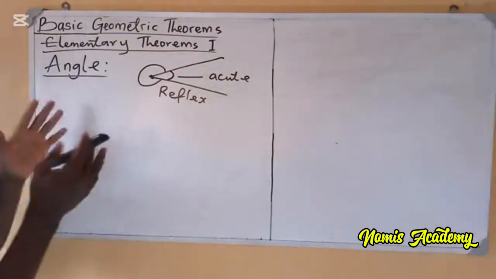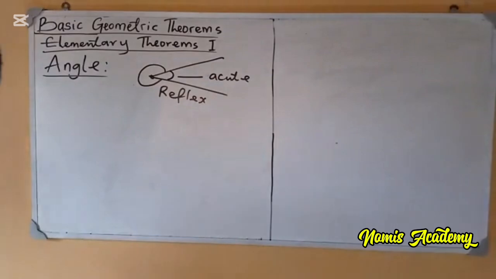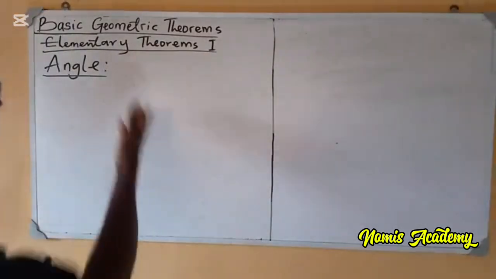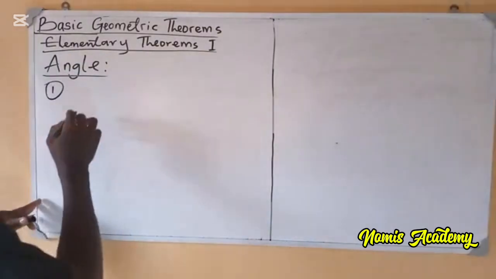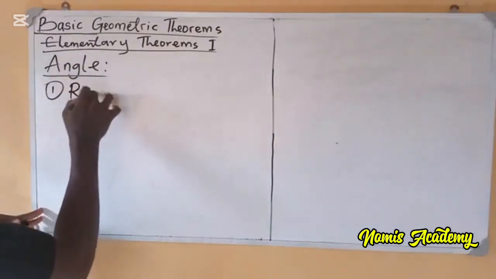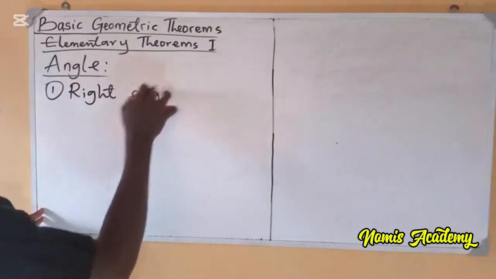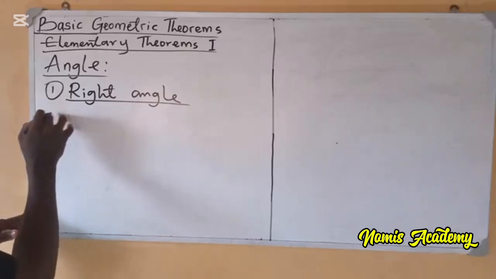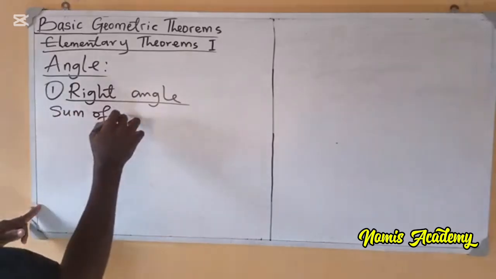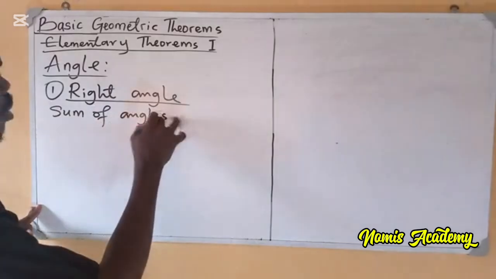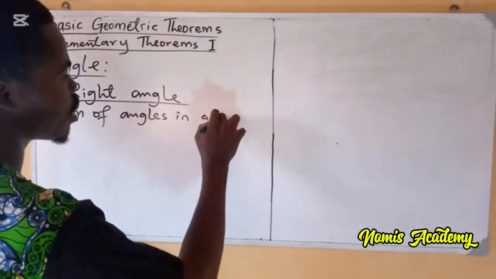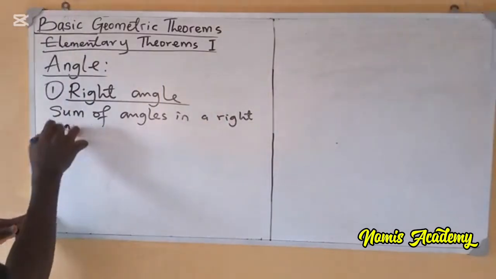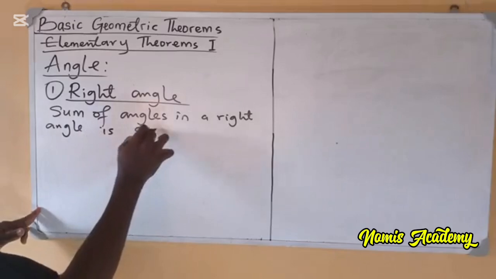Alright, so let's pick the basic theorems under angles, the basic theorems that will enable us to solve problems under geometry. The first one is a right angle. The sum of angles in a right angle is 90 degrees.